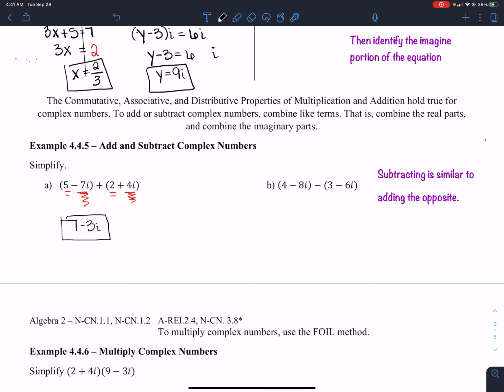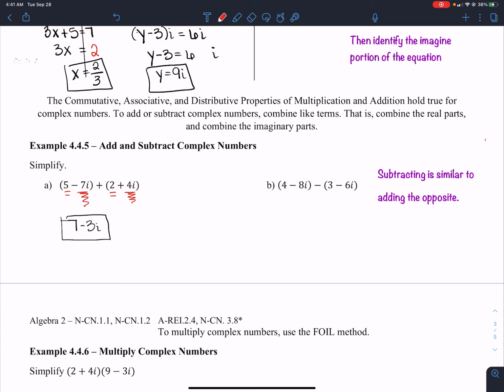All right, now on this next one, when we're talking about subtracting, it is similar to adding the opposite, okay? And we've talked about it in class. We can take this negative and distribute it to both of these, or you can just see it as adding the opposite. And some of you said, well, we can change this to a positive, this one to a negative, and this one to a positive. Whichever way you decide to do it, just make sure that you are consistent with it, okay?